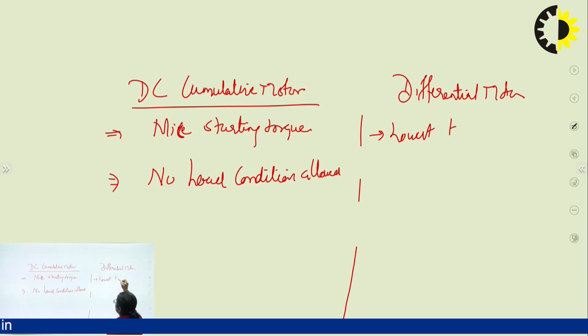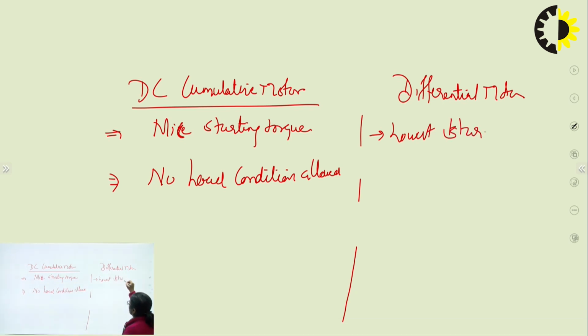Another is that the speed increases with the increase in the load, which is not the natural nature of the motor. It used to happen that with the increase in the load, the speed should decrease, right? But it gives us the reverse characteristics. That's why DC differential compound motors find rare applications in practicality, right?